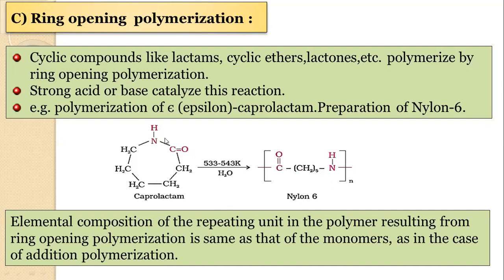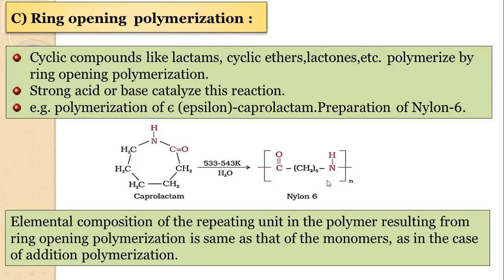The ring will be broken from this NH and CO. So this ring will be opened. This CO NH bond will be broken. If it is heated at the temperature 533 to 543 K in presence of water, the bond between CO and NH will be broken, and a polymer is formed.